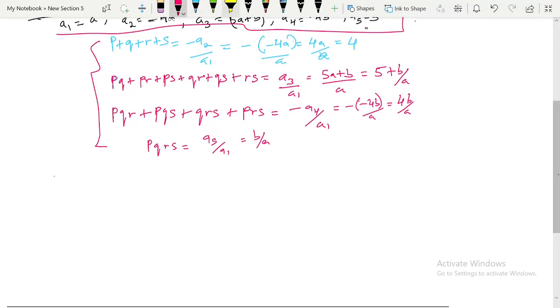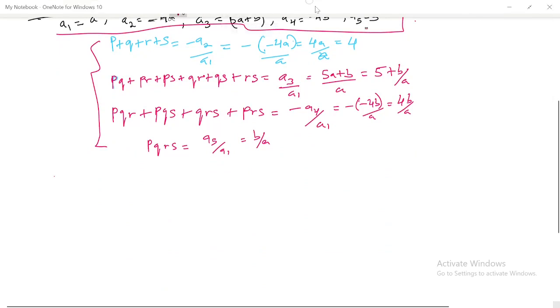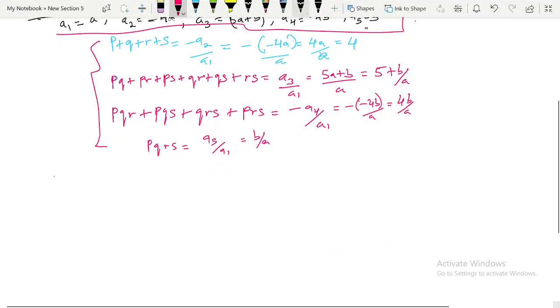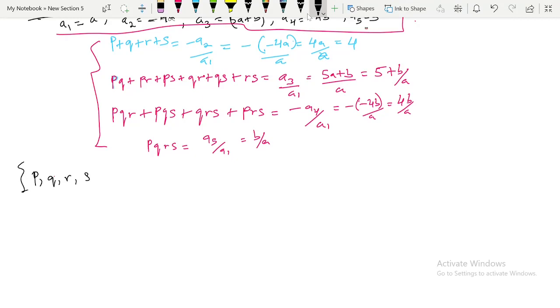So P, Q, R, S being positive reals implies that none of P, Q, R, S is equal to 0, right? Because 0 is not a positive real number.